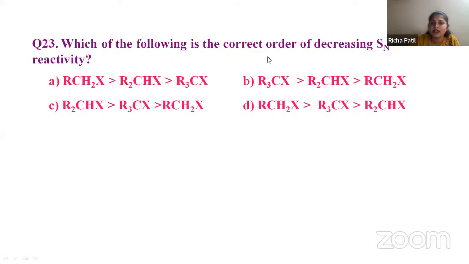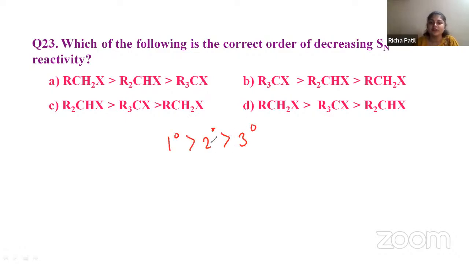Which of the following is the correct order of decreasing SN2 reactivity? In SN2, primary is more stable than secondary and then tertiary.